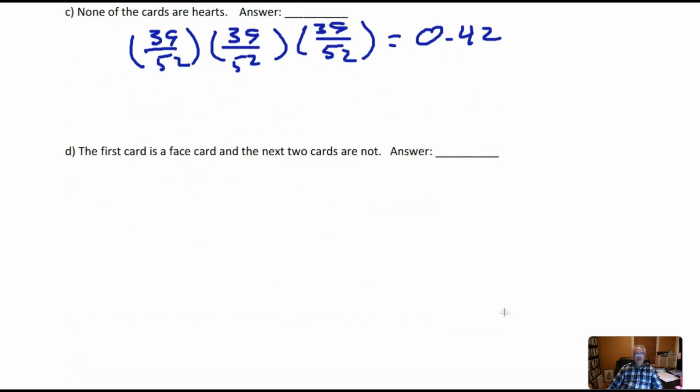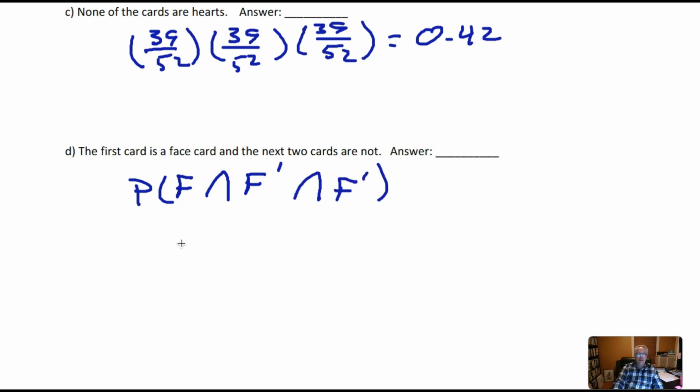All right, so here we go. The last question. The first card is a face card, and the next 2 cards are not. So, okay, well, this is the probability that the first card is a face card, and the second card is not. So it's the complement, and the third card is not.